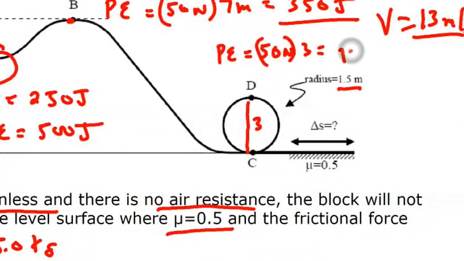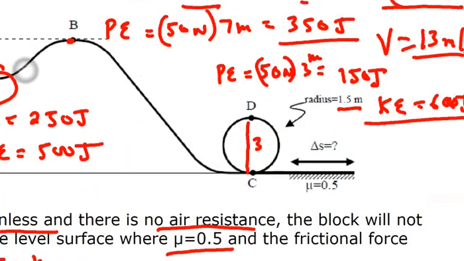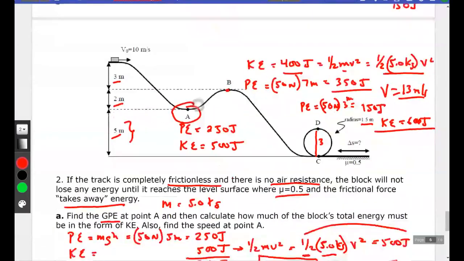So it's 150 joules. It's the same process again and again. And so if the PE is 150, then the KE is 600 joules because they all have to add up to 750, because that's what we got before. The total before is 750.